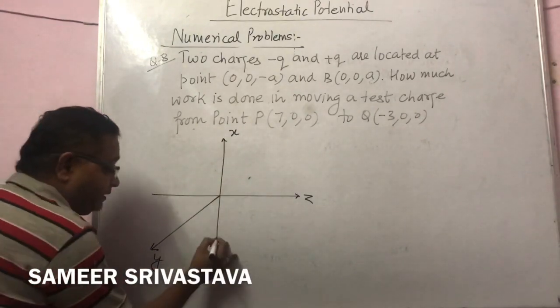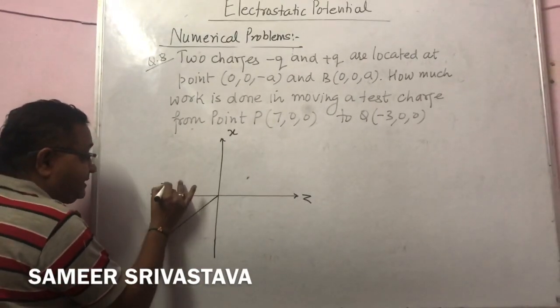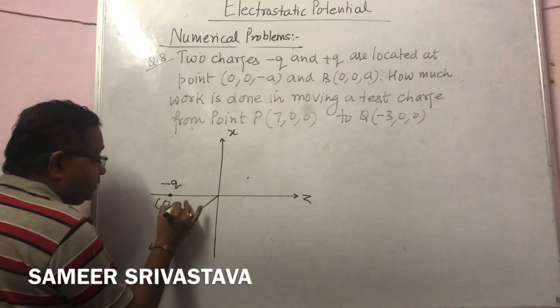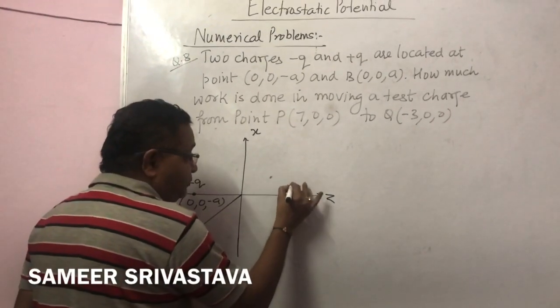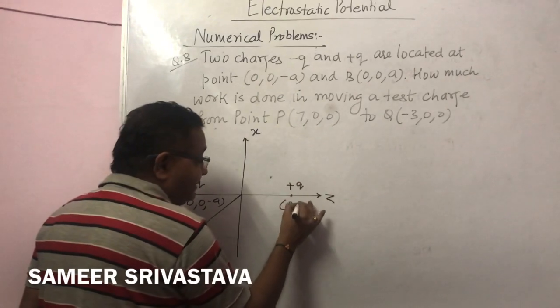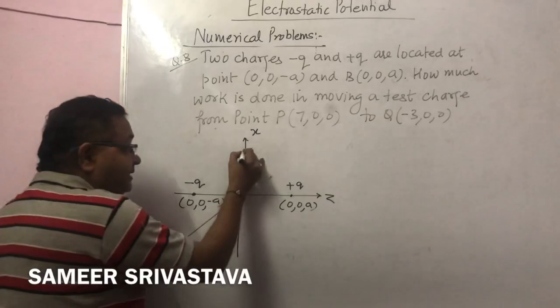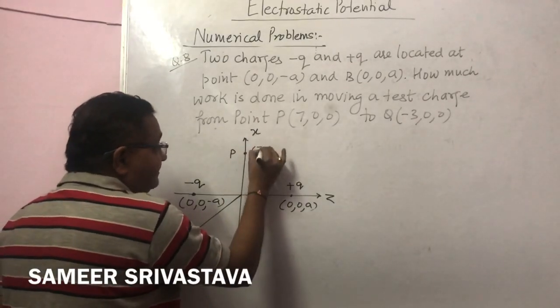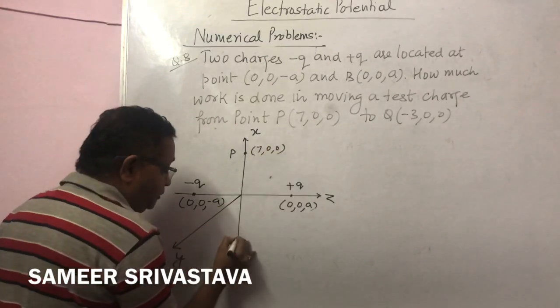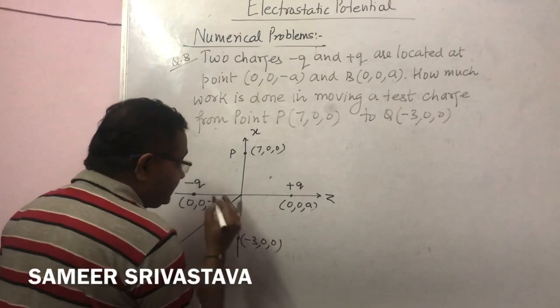According to the given point charges, charge minus Q is located at (0, 0, minus a) on the negative Z axis, and charge plus Q is located at (0, 0, a) on the positive Z axis. Two points P and Q are on the X axis: P at 700 on the positive X axis and Q at minus 300 on the negative X axis. This is the final diagram.